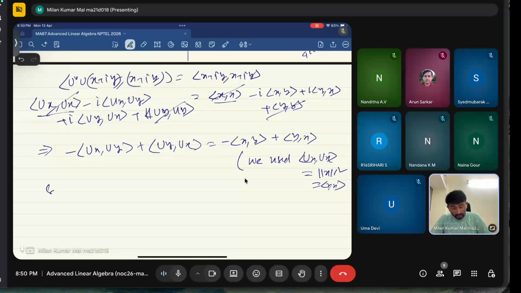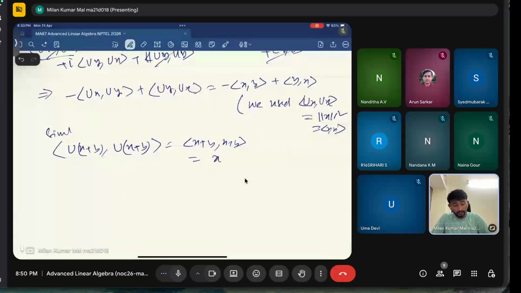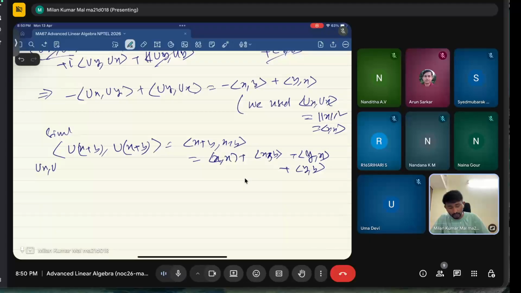Okay, similarly if you use that the inner product of u(x plus y), u(x plus y) is equal to the inner product of x plus y, x plus y, then on the right-hand side we get inner product xx plus inner product xy plus inner product yx plus inner product yy, and on the left-hand side we get inner product ux, ux plus ux, uy plus uy, ux and another is uy, uy.